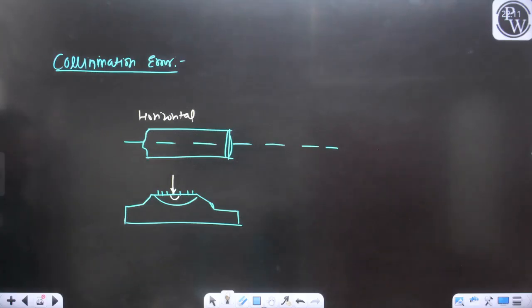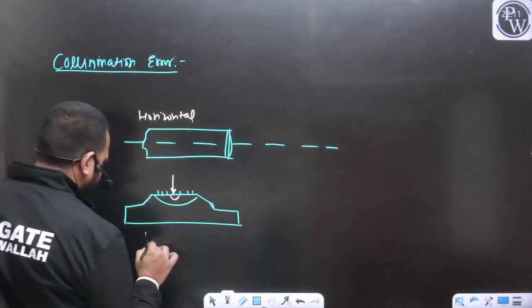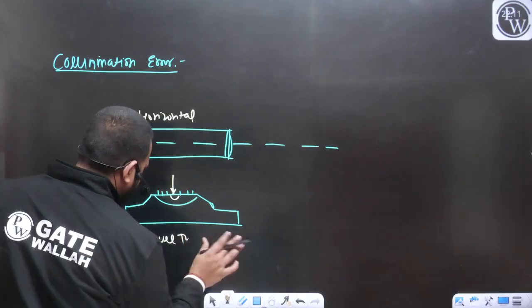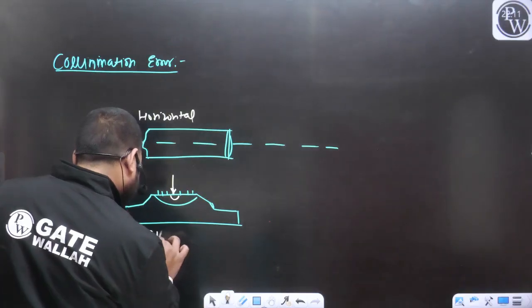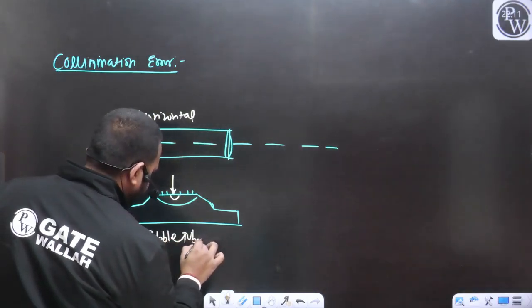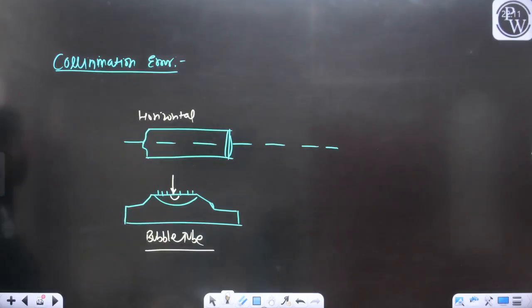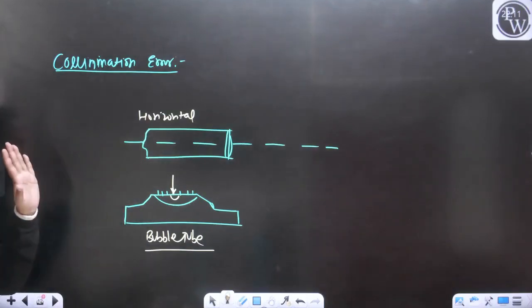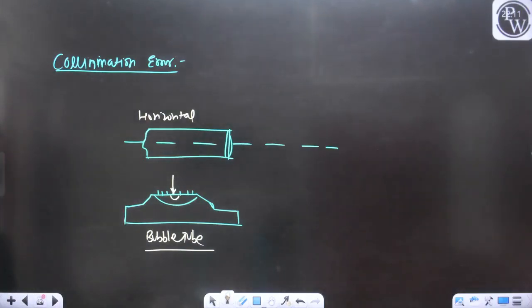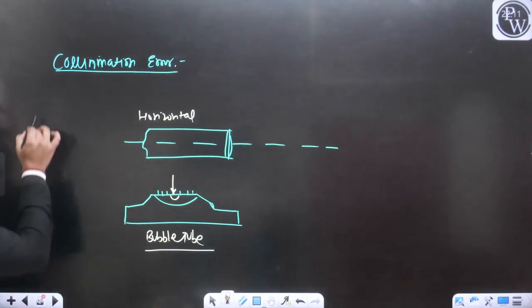So this is your level tube or bubble tube. If the bubble is at the center, we can consider now the instrument is perfectly horizontal. But there may be some instrumental error.